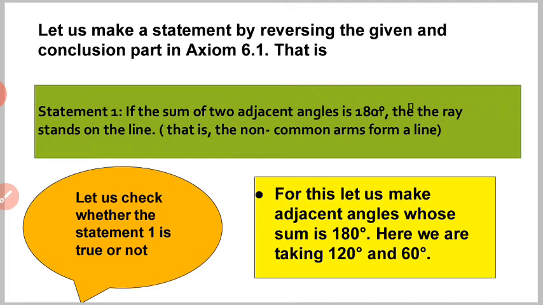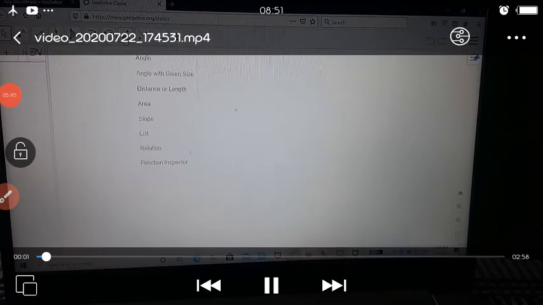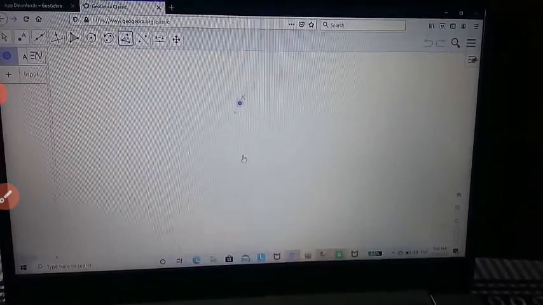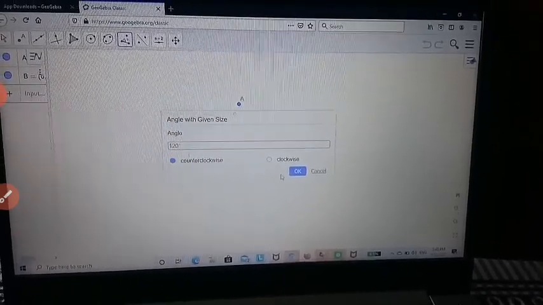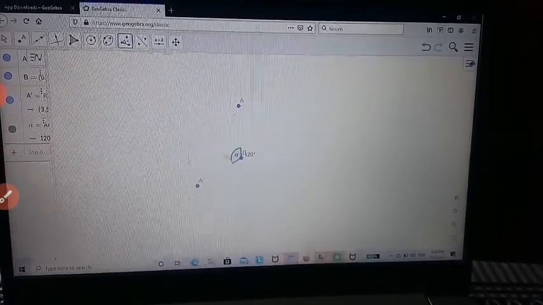For this, take two adjacent angles whose sum is 180 degrees. Here we are taking 120 degrees and 60 degrees. We are doing this to check whether statement 1 is true or not. We take two adjacent angles whose sum is 180 degrees and choose an angle of 120 degrees.